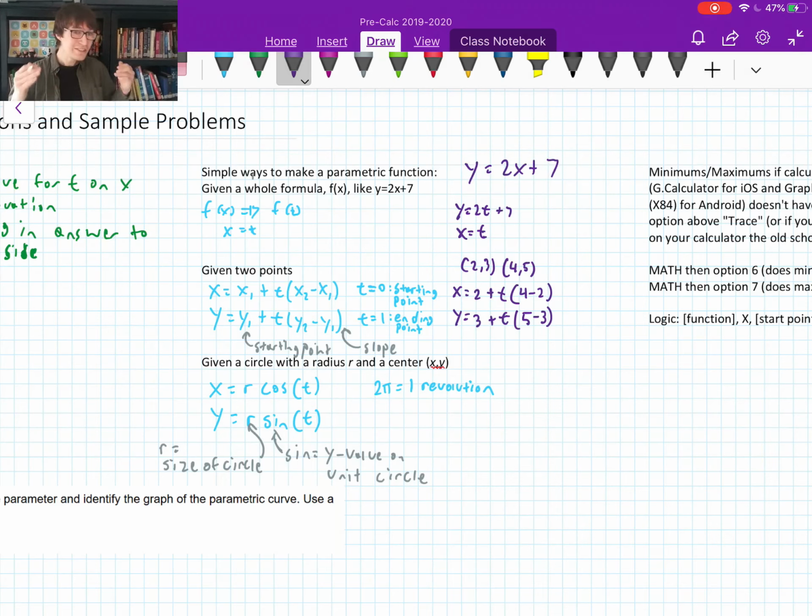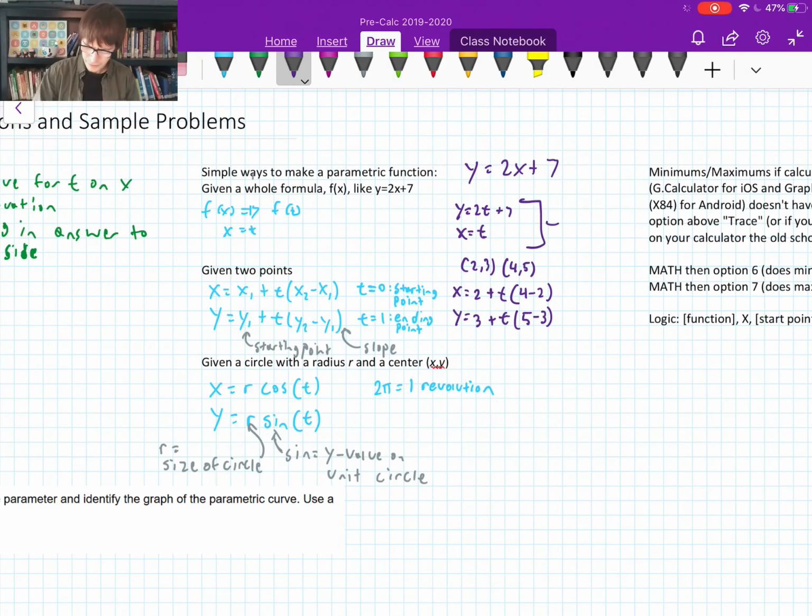Well, a really easy way to make a parametric equation out of that is just to replace x with t. So instead of saying y = 2x + 7, we will now have y = 2t + 7. And for x, we'll just say x = t. And that's it. So if you graphed y = 2x + 7, and then this parametric equation below, those will both graph to the same thing, assuming you graph all of t.